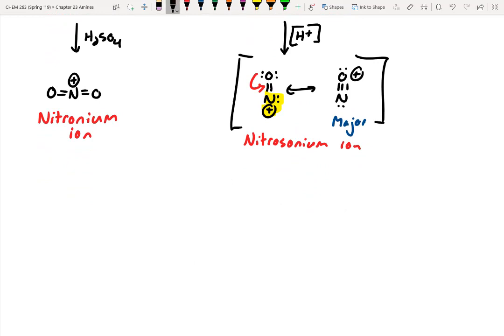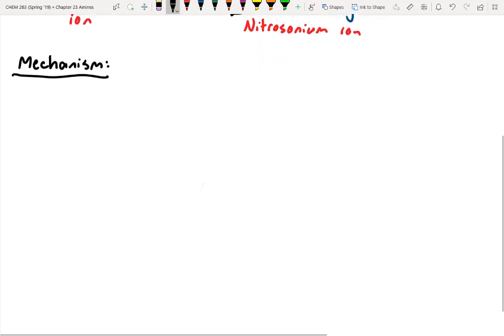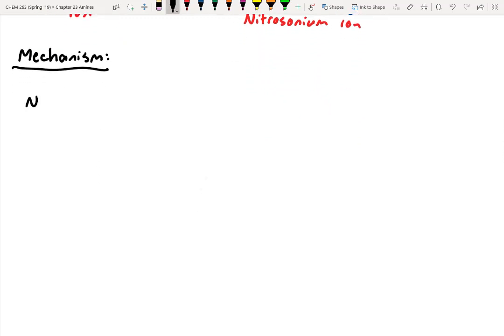So let's briefly go over the mechanism for the formation of that nitrosonium ion. It's super intuitive, though. It mimics the formation of the ion we saw previously. So typically, when we do this, we buy the sodium salt. This is NaNO2. That's sodium nitrite.